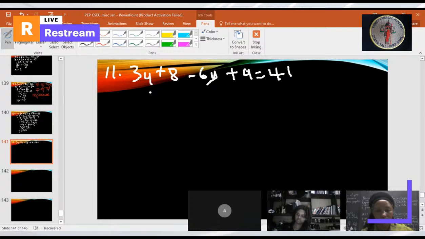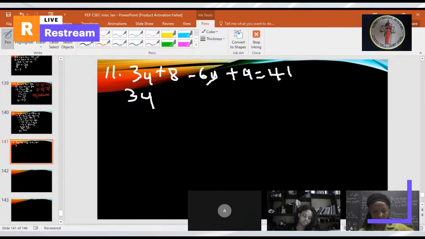Miss, so the first thing we're going to do is group the like terms. So 3y minus 6y plus 8 plus 9 equals 41. All right, so we're putting the like terms together.